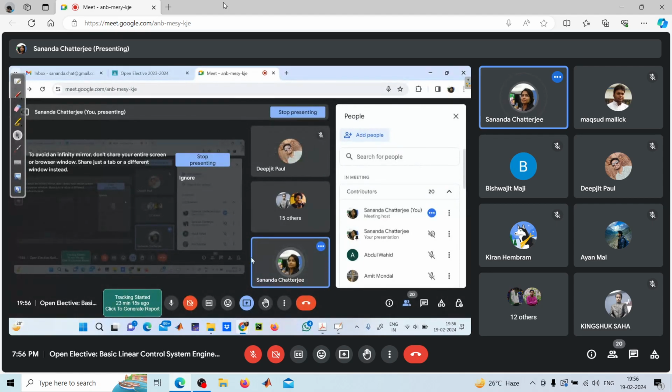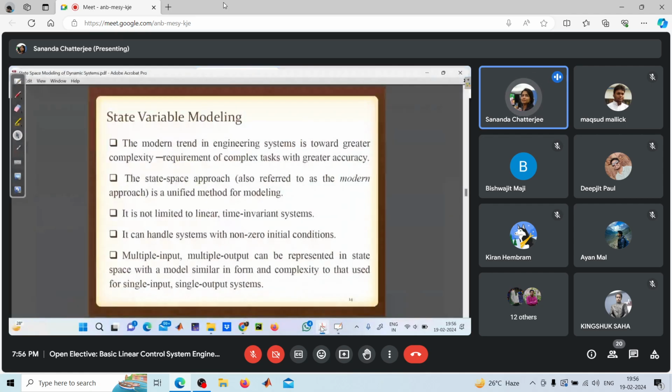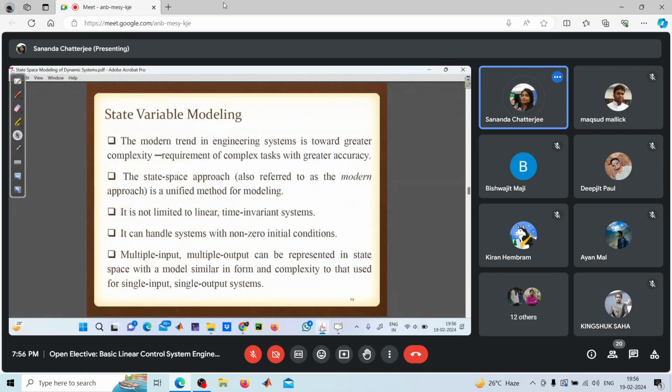So we are trying to remove these limitations by modeling in the state variable technique. The state variable modeling does not require these assumptions. It can model nonlinear systems as well as linear systems. It can handle non-zero initial conditions. It is applicable to multi-input and multi-output systems.